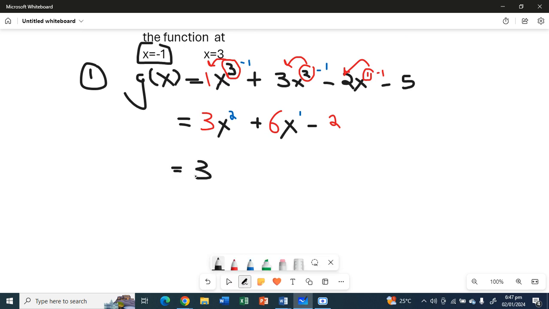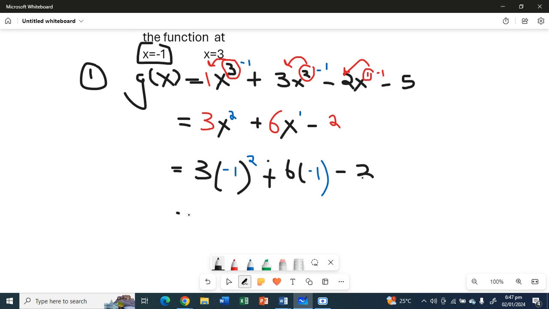We're going to have 3, and here we put (-1) squared, plus 6, open brackets again, that is -1, minus 2. So (-1) squared is 1.